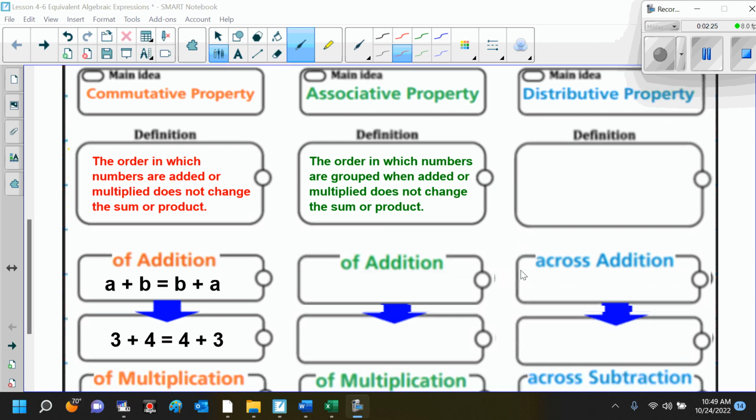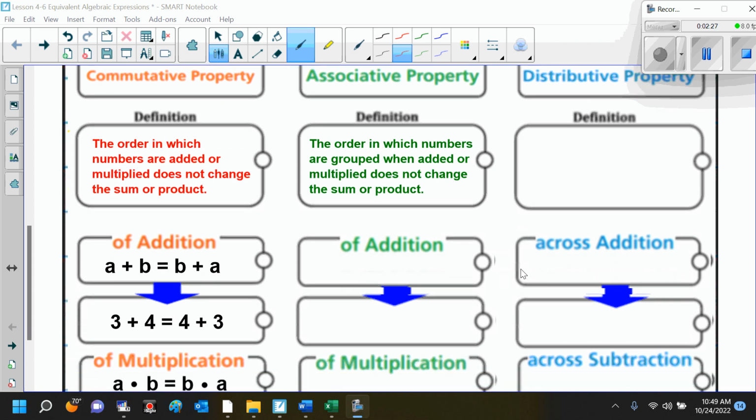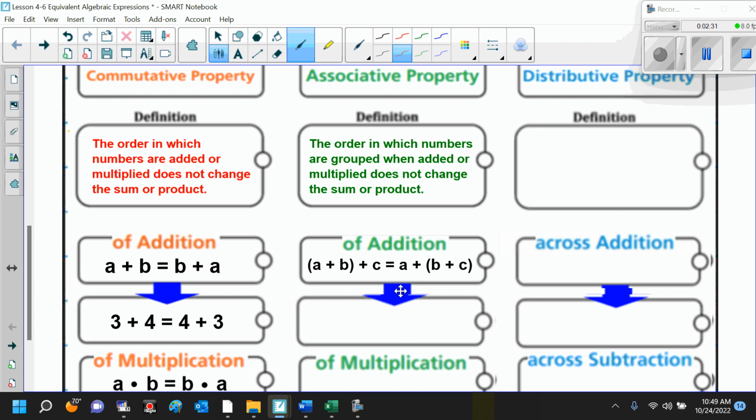For addition, we have the quantity A plus B, plus C, is equal to A plus the quantity B plus C. This shows that we're grouping the first two numbers and then adding the third. If I group the second two numbers and add the first, we should get the same thing.